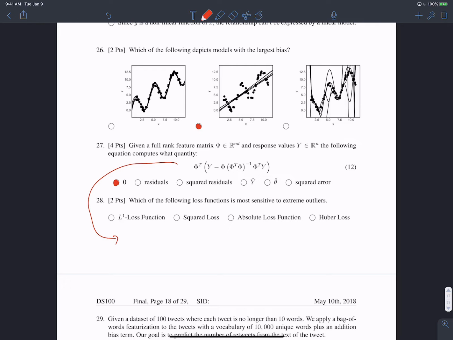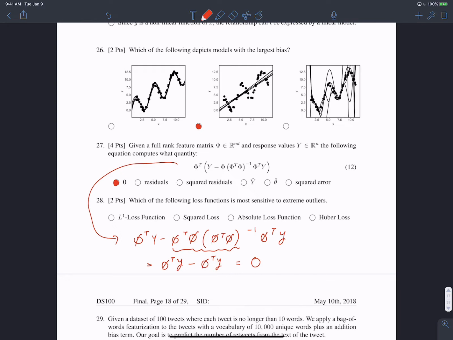Well, if we multiply in this phi transpose, we'll get phi transpose y minus phi transpose phi times phi transpose phi inverse phi transpose y. But we see when we multiply phi transpose phi by the inverse of phi transpose phi, that will cancel out, giving us just the identity matrix. So now we're left with phi transpose y minus phi transpose y, which is indeed 0.